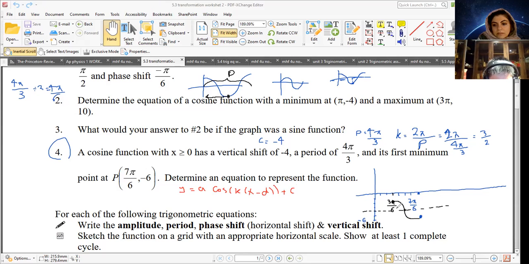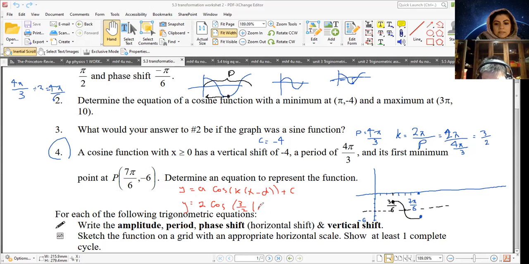I need to do a cosine function. A is amplitude. As you know, we found that the distance between minimum and axis of symmetry is 2, right? My amplitude is going to be 2. A is 2. K we got from the period, 2 pi over period. We got 3 over 2.